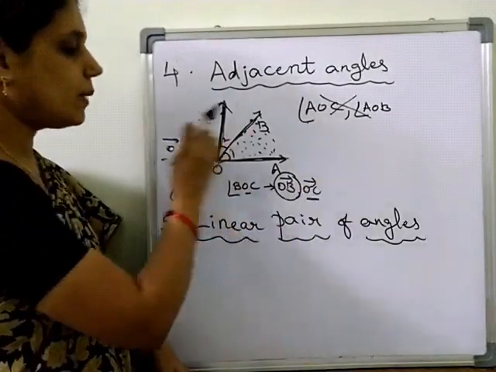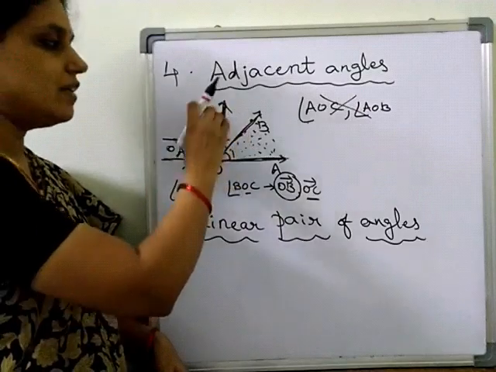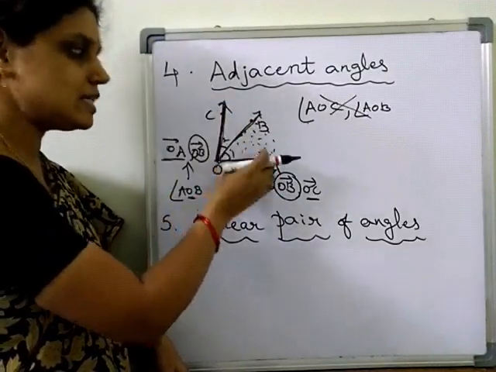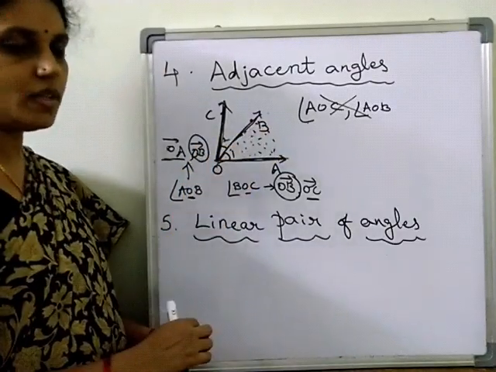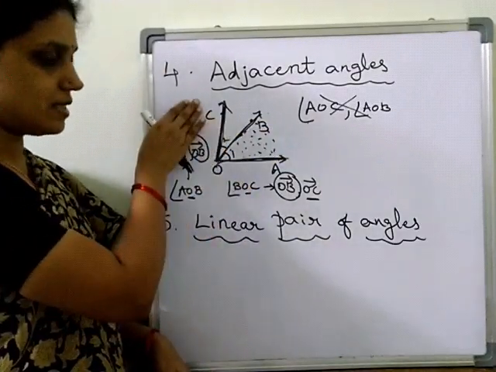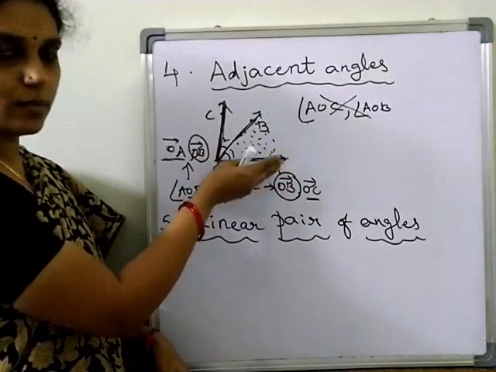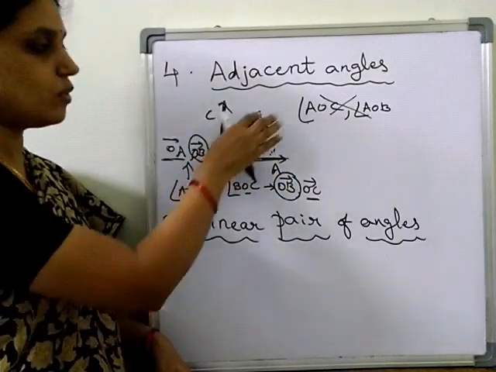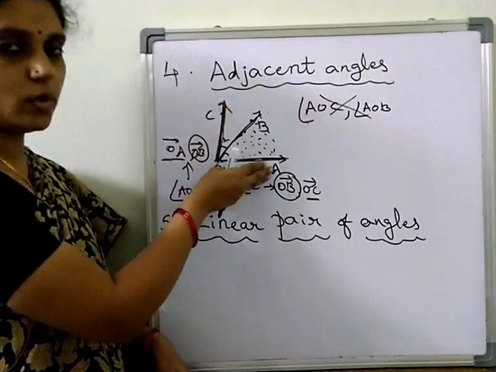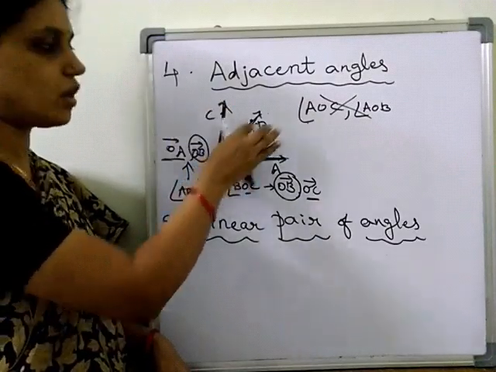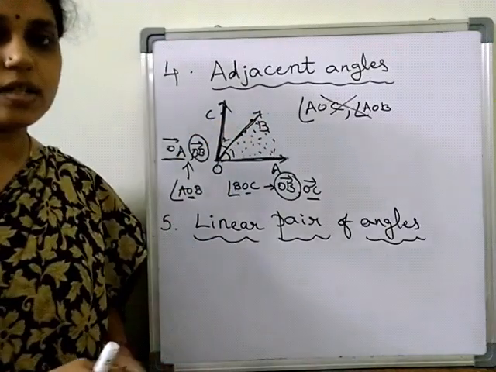These non-common arms are on either side of the common arm OB. OC is on this side and OA is on this side. Both are not on the same side of OB. Understood? So in that way also you can say.